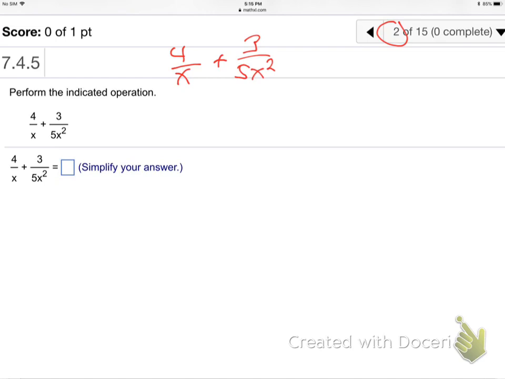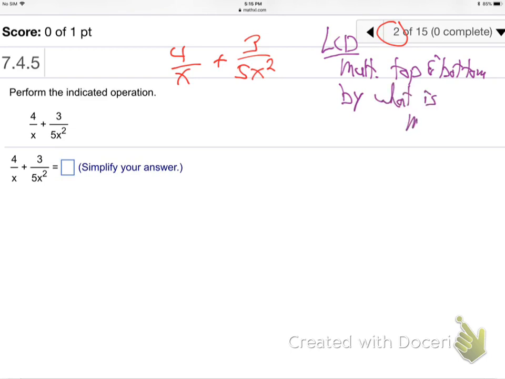You multiply top and bottom by what is missing. This guy compared to that guy, what does he need? What is he missing? He needs 5 and another x, right, to make him 5x squared like the other guy.